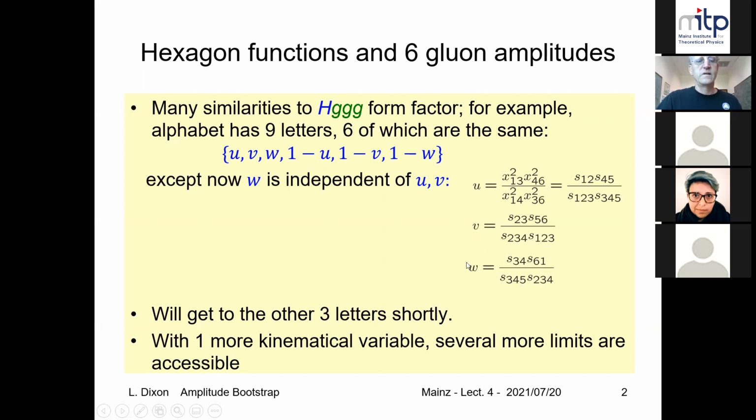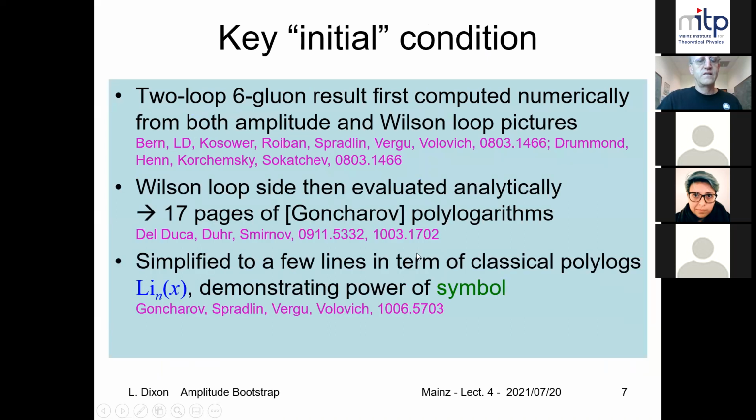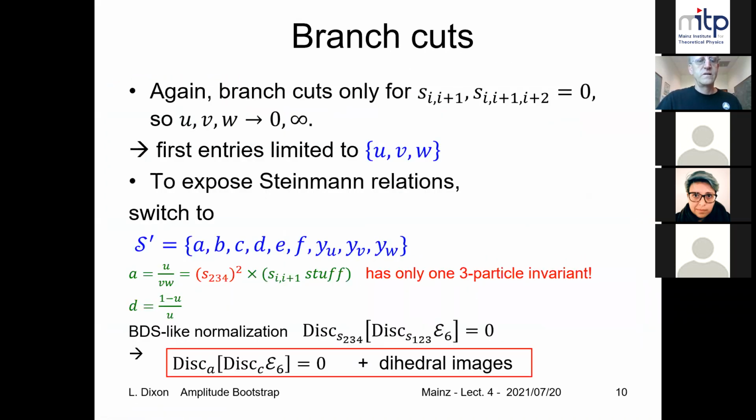So just to say that again, this quantity U over VW, which we were calling A before in the form factor context, and we'll call it A again, has S234 squared, and it has no S123, and no S345. It has a bunch of other terms, but they only involve the two-particle invariants. So this A isolates one of the three-particle invariants, and then B and C contain the other two.